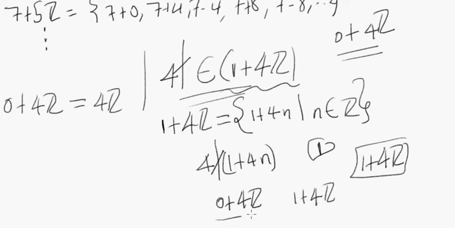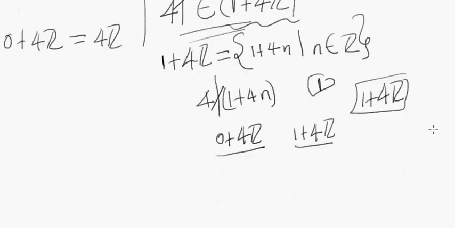This is all elements divisible by 4. Elements over here are not divisible by 4. In fact, 1 plus 4Z could be thought of as the set of all elements which when divided by 4 give us a remainder of 1.